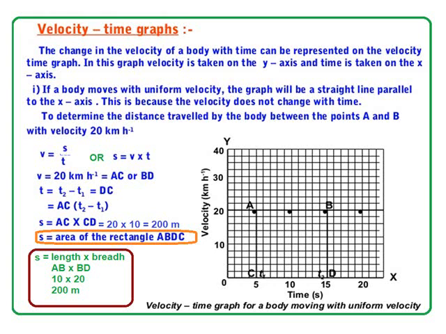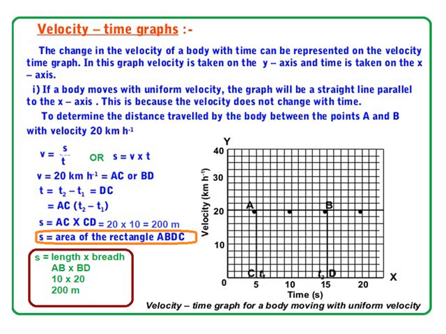Now A, B, D, C is a rectangle. Now the area of the rectangle is given by the formula AB into BD, that is length into breadth. The length of AB is 15 minus 5, 10, and the length of the line BD corresponding to the y-axis is 20. So 10 into 20, 200 meters.